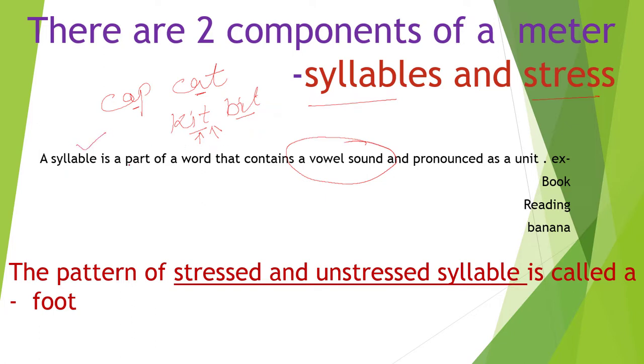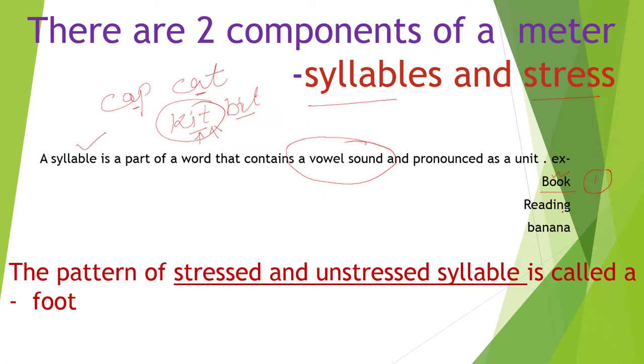And a word can have one such combination or more than one such combinations. For example, in this word book, we have two vowels o, o, but we have one vowel sound u, book. So book is one syllabic word. Here we have one vowel sound. Though we have two vowels, the sound is one, book.